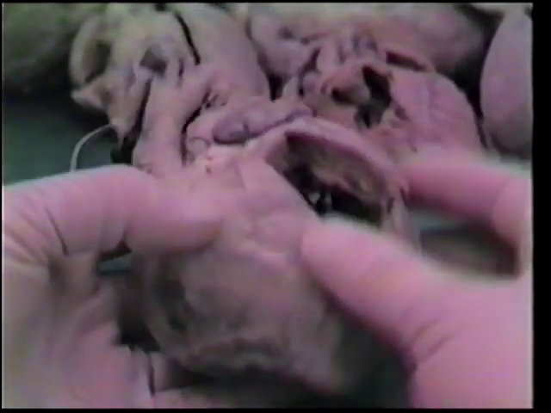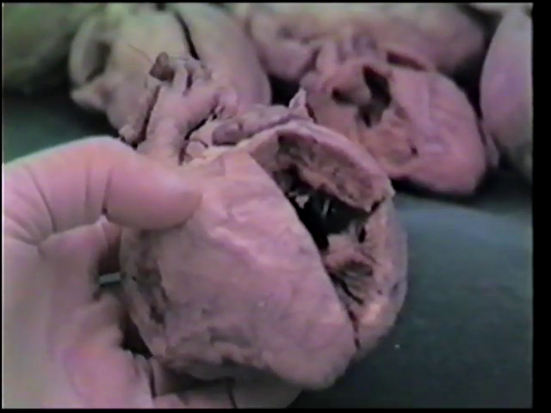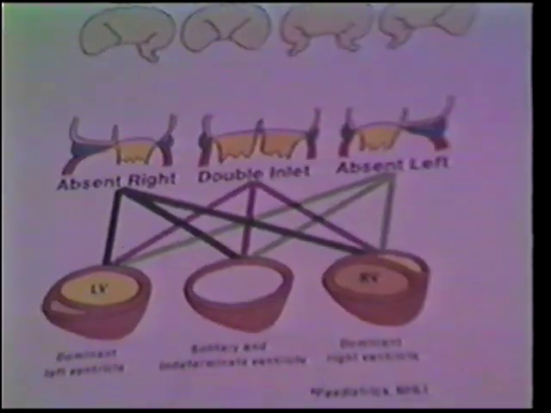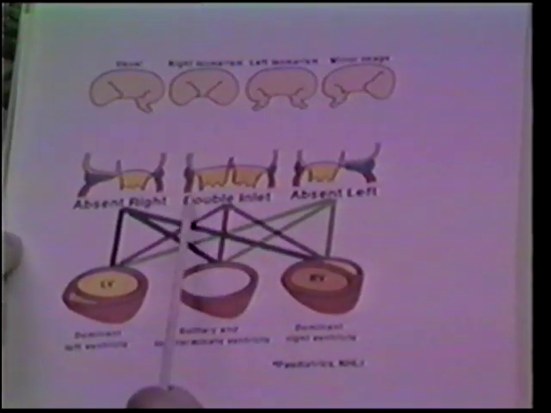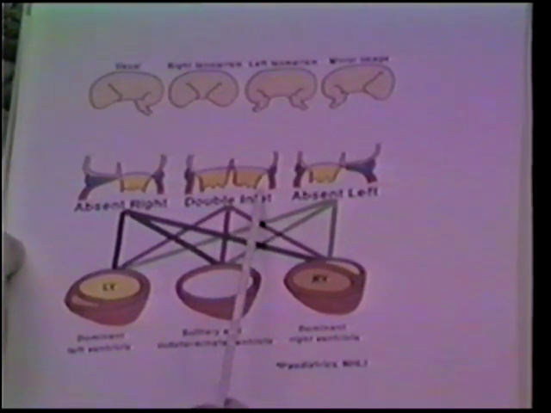So in summary, we have defined what we mean by a double inlet ventricle. It is merely the way the heart is connected across the atrioventricular junction.